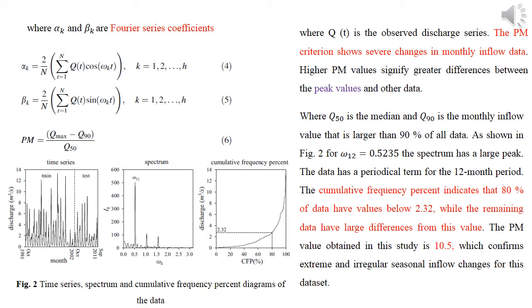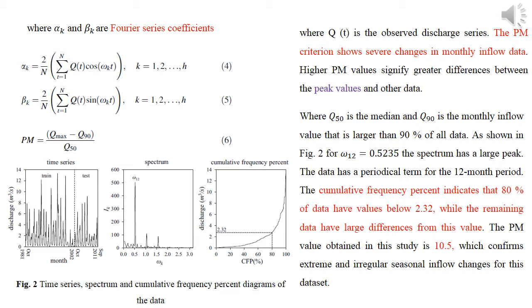If the value of PM is high, that means the difference between the peak value and other data is high, and from the figure we can see that the fluctuation is very high. If we see the relation between discharge and month, we can see the large fluctuation in that figure, and for omega equal to 0.52, the value of Ik is large.